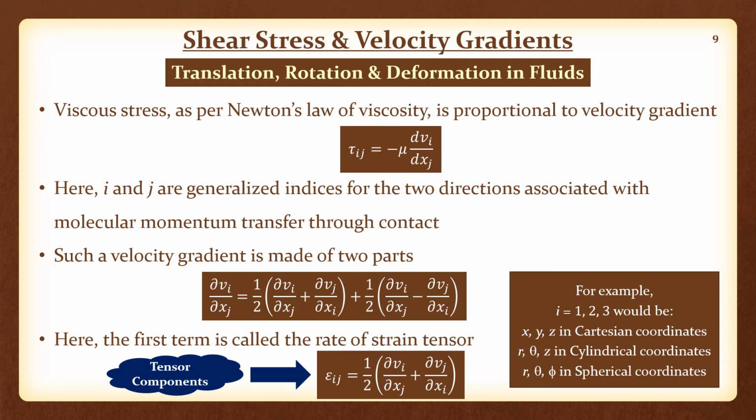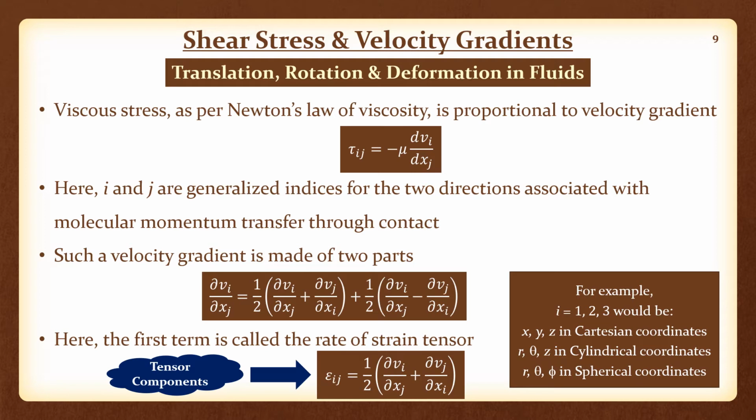Now come back to the bottom right box that is here on this slide. You would see that the value of i, and of course it's also true for j, the values of i and j could be 1, 2 or 3. In Cartesian coordinates, this could be x, y, z.